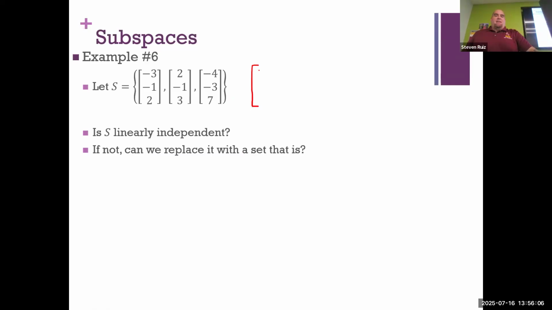I would like to find out if I can find a linear combination of these vectors that results in 0, 0, 0. Is the end goal any different?